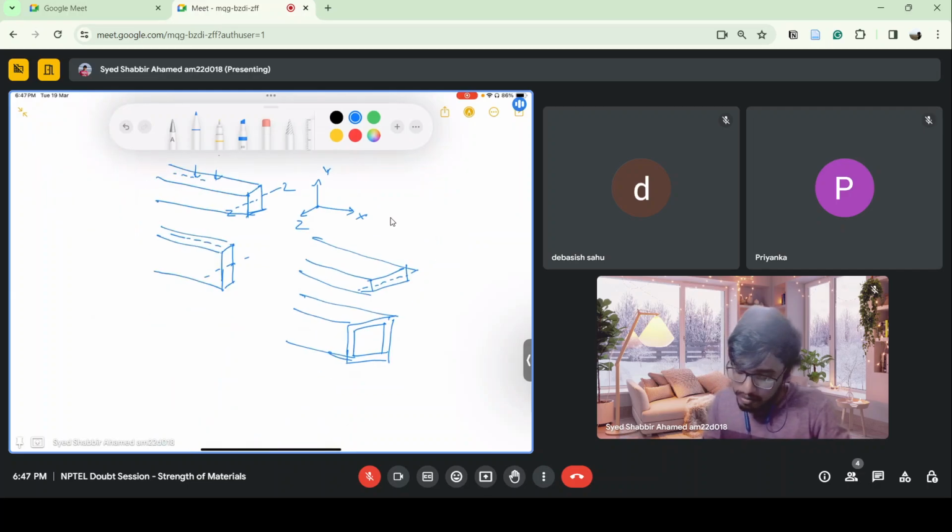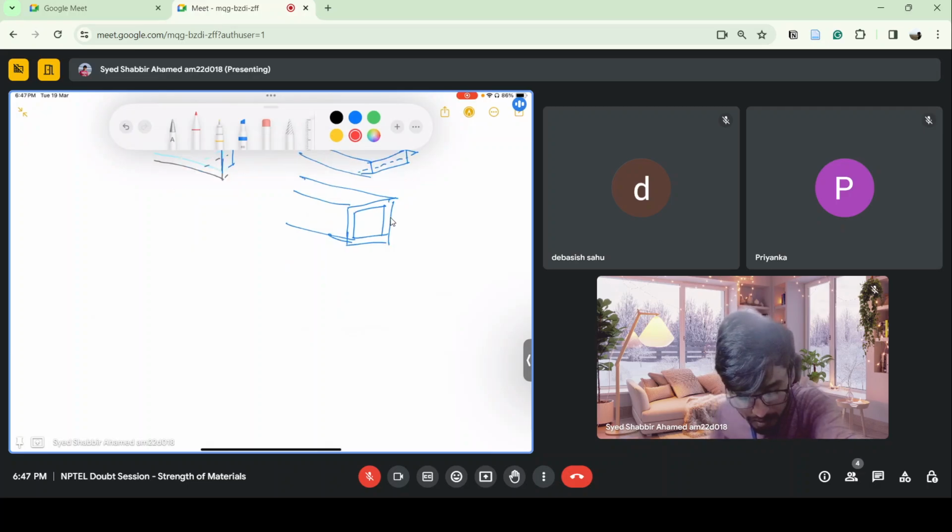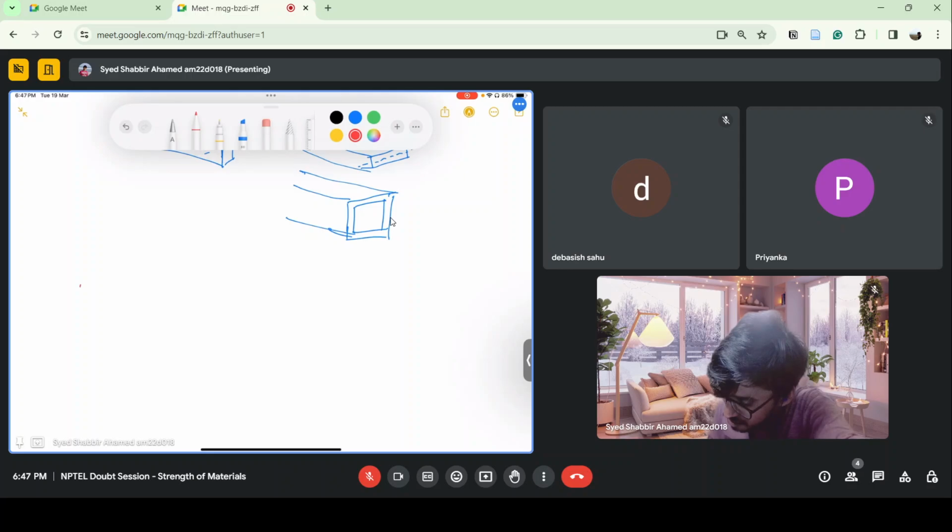Okay, next, let's see. I have a square cross section and a square cross section which is put like this, like a rhombus.